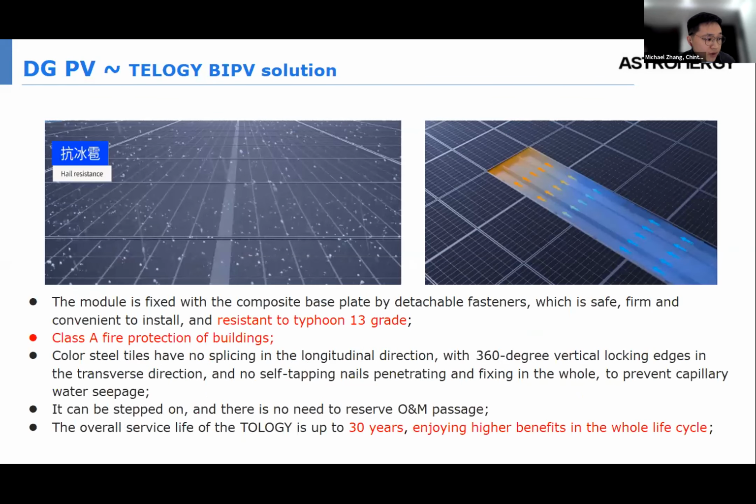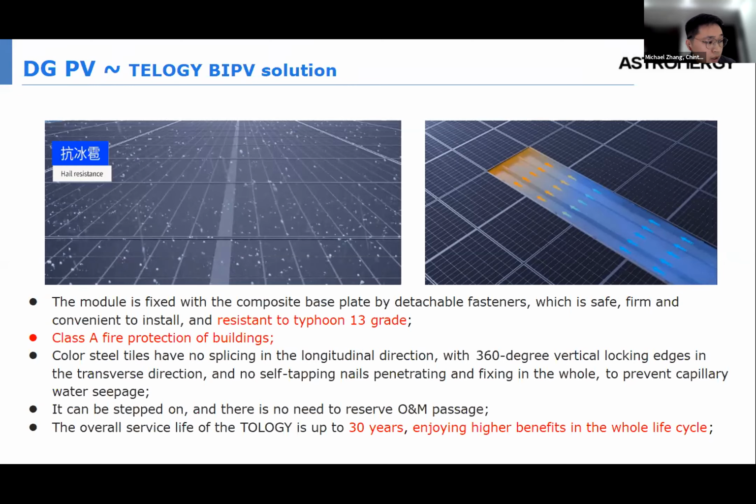The module is fixed with the composite base plate I just introduced, and the fastener is detachable, which is safe, firm, and convenient to install, and it is able to resist a typhoon of grade 13. Also, we have Class A fire protection.